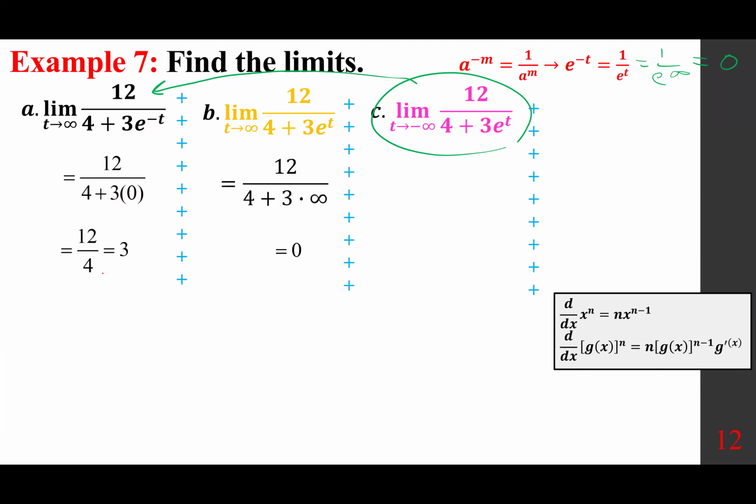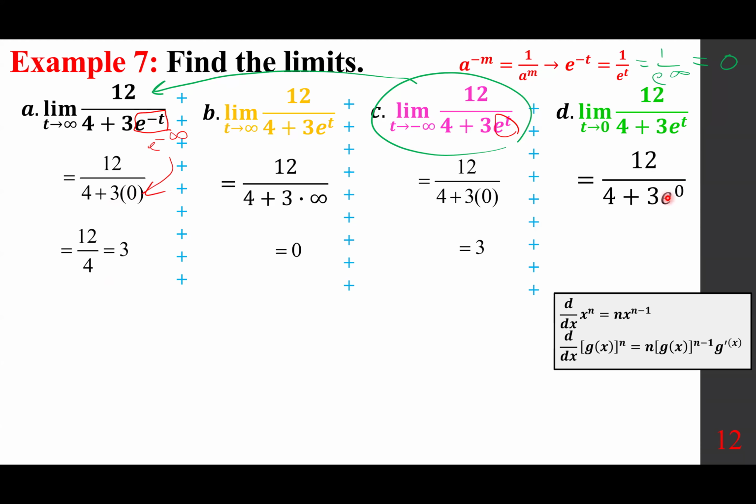Okay. And in this case, gives us exactly the same thing because t is approaching minus infinity, and the answer is the same. And this last case, just replace the t with 0, and e to the power of 0 is 1, so 12 over 4 plus 3, or 12 over 7.